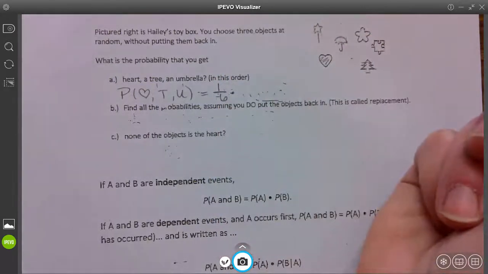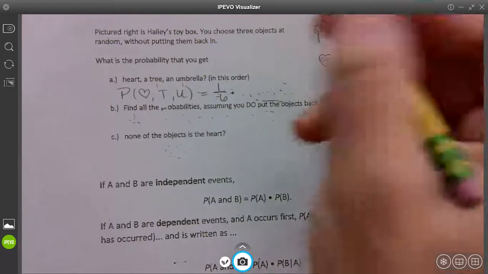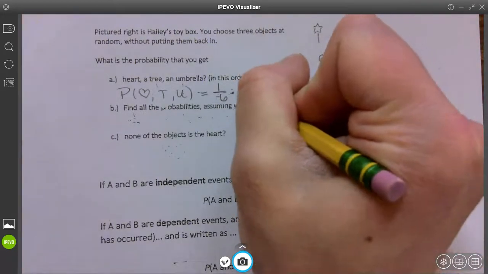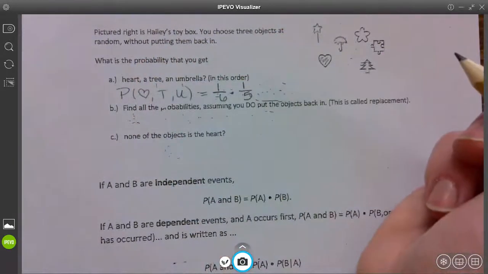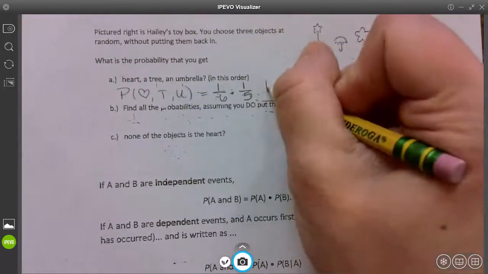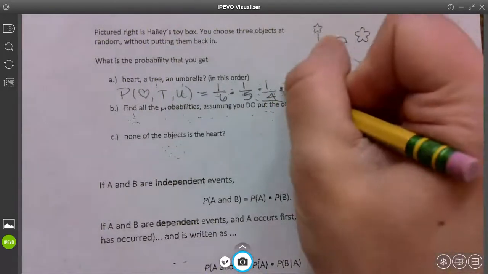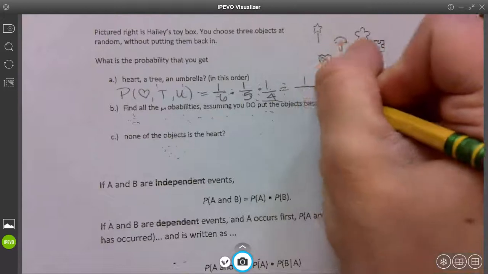The probability I get a tree is 1 out of 5 because I took a heart. And what's the probability I get an umbrella? 1 out of, now I have remaining 4 objects. So that's going to be 1 out of 120.